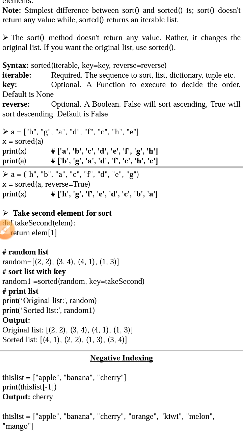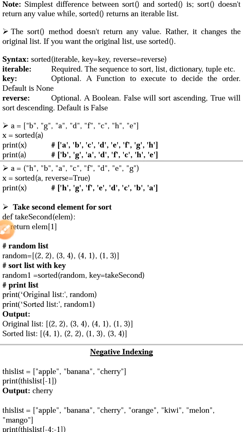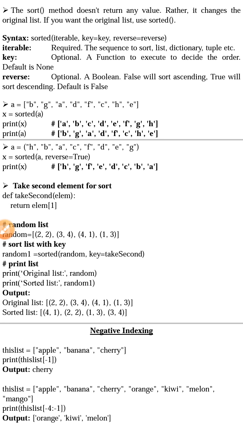That is, list A has the same elements, whereas X is another list variable which will have all the sorted elements of list A.